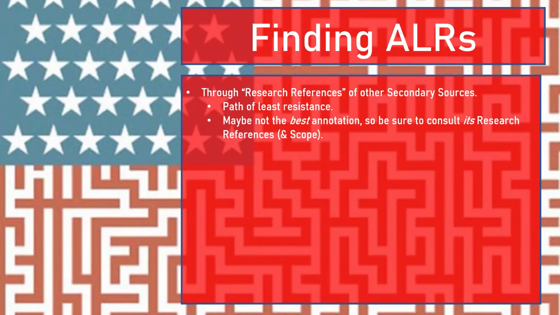The titles of these annotations are usually going to be very descriptive. So you should be able to quickly browse through them to find the most relevant ALRs for your legal research. And as I emphasized in my last video, it is really important that you find the annotation that's the best fit for your research, because ultimately in the long run, that is going to save you a lot of time and is going to be much more useful for you.